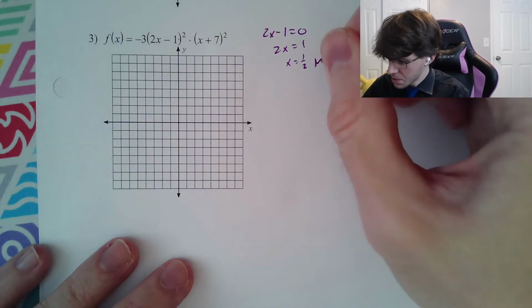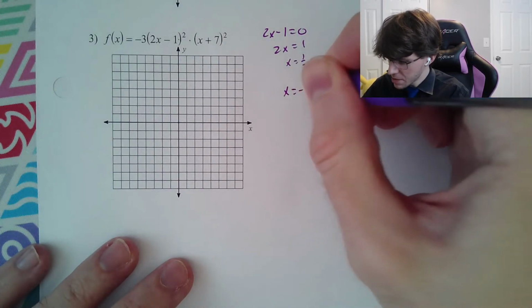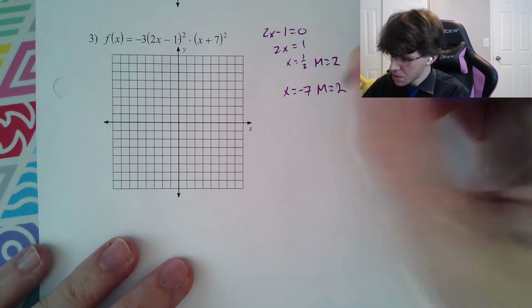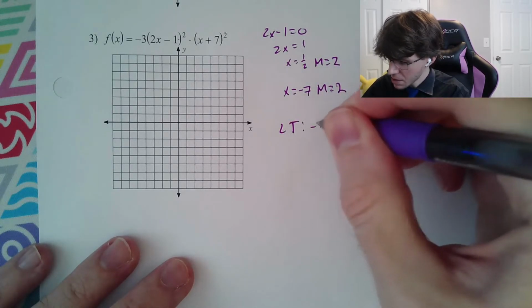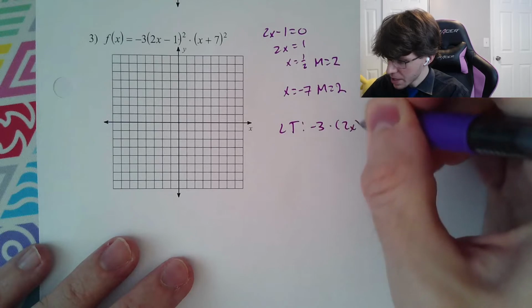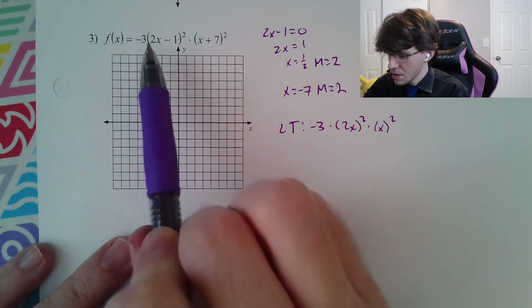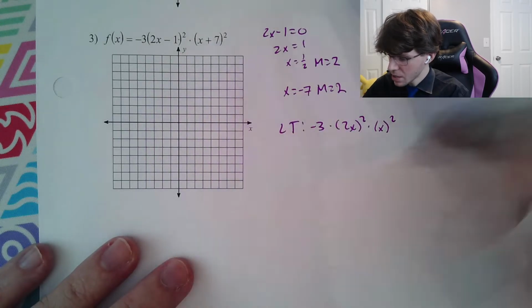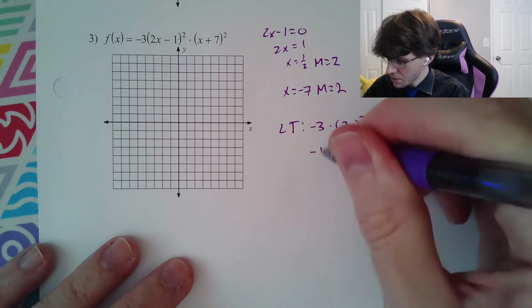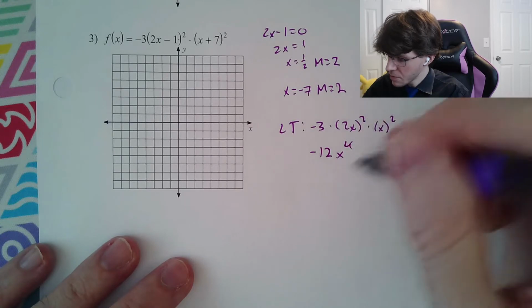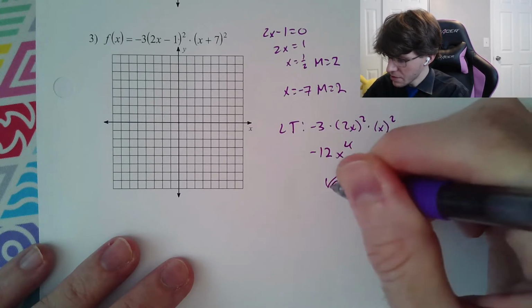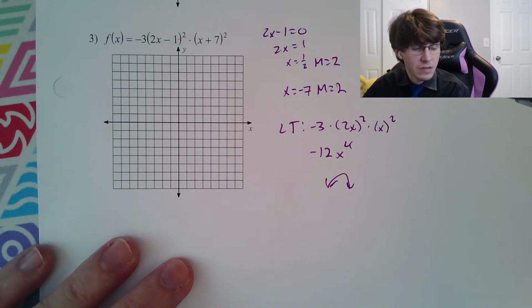This one has a multiplicity of 2. The other one's obvious, negative 7, also has a multiplicity of 2. Our leading term here is negative 3 times 2x squared times x squared again. The negative 3, the 2x squared, the x squared, which is going to be a total of negative 12x to the power of 4, which is a frowny face, negative x to an even power.